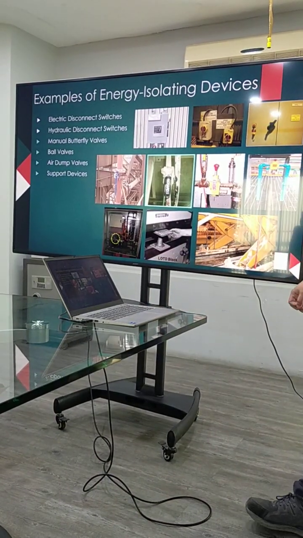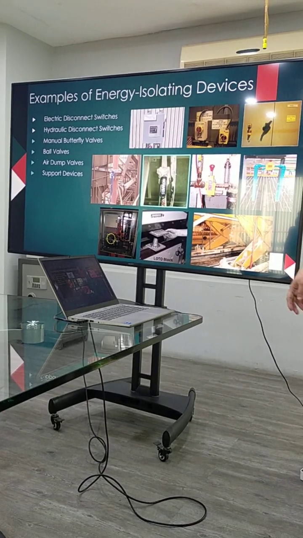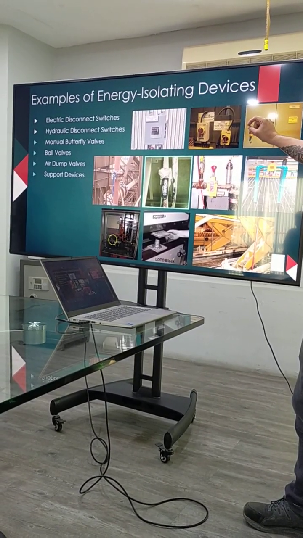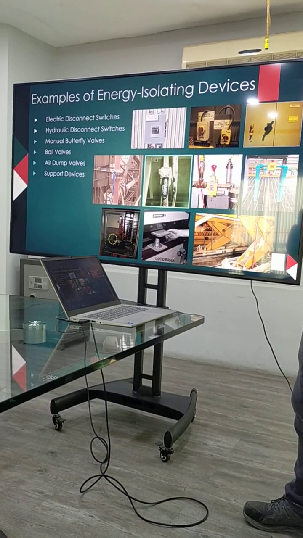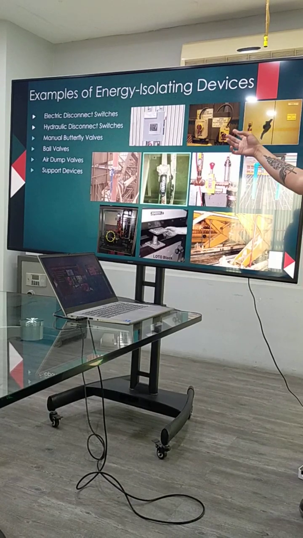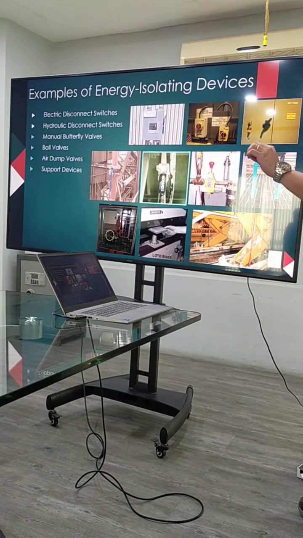Energy isolating devices: basically, this is what we need to have in the plant as isolators, so that we will not always just turn off the panels.